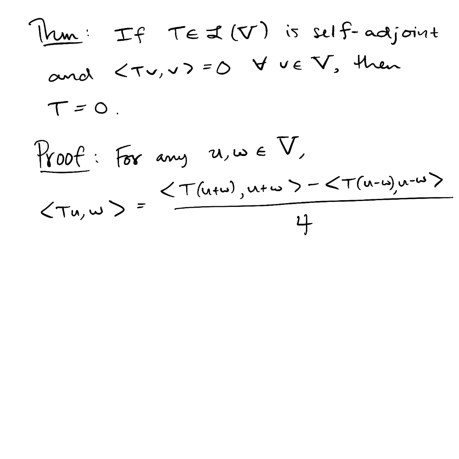Yesterday there was a second piece where we had lots of i's running around. That piece is not available to us here because this theorem is conceivably true over the real field, so we don't want to assume that we have i to work with. That equal sign is true just by computation. Compute on the right-hand side, and when the dust settles, you just get Tu inner product with w, where you're really using a couple facts there.